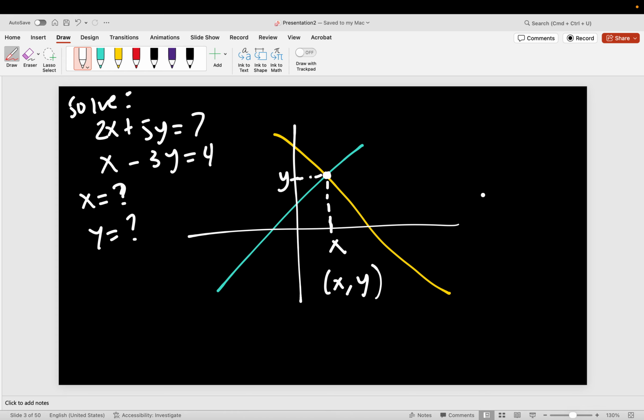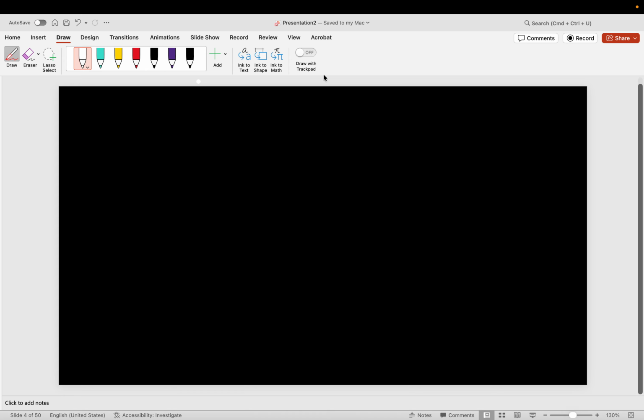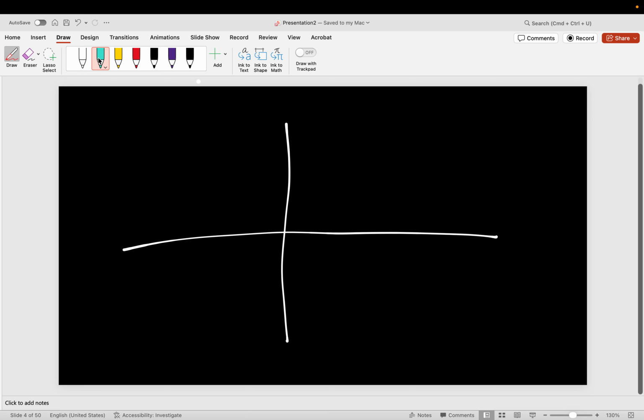Before I move on to actually showing you how to do it, I said that sometimes they might not actually intersect. What would a line look like that doesn't intersect? I might have a line that looks like this, and I might have another linear line that looks like this. What's the relationship between these two lines? They are parallel to each other.